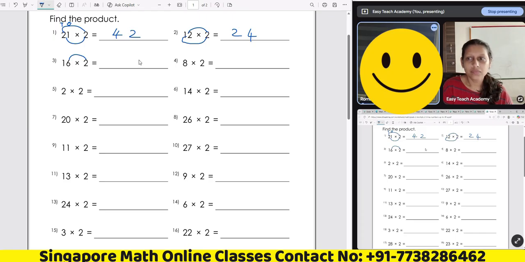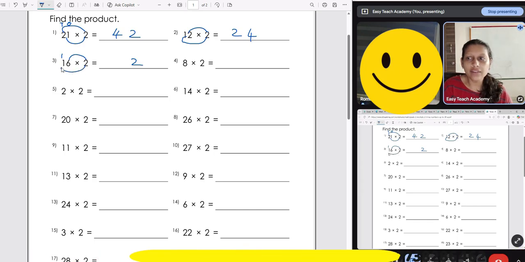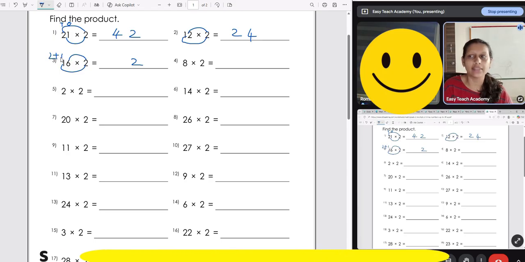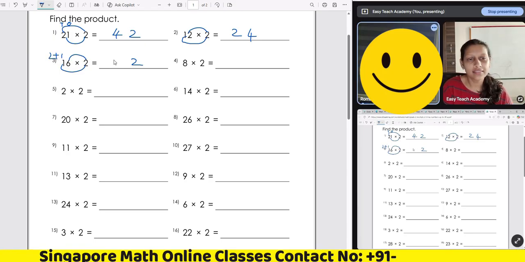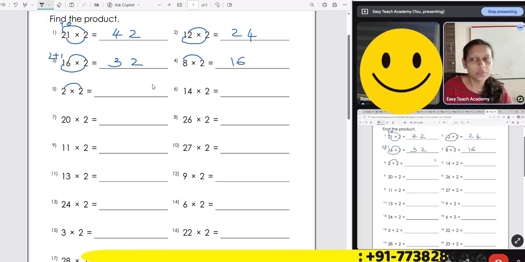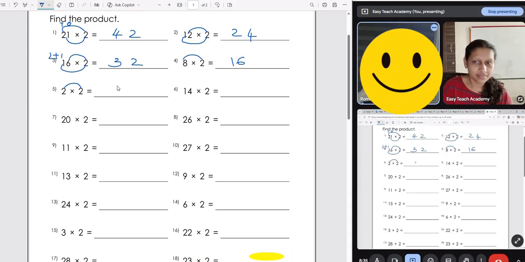2 times 6 is 12. So 2 here, 1 up. Now 2 times 1 is 2. 2 plus 1 is 3. Answer is 32. 2 times 8 is 16. 1, 6, 16. 2 times 2 is 4.